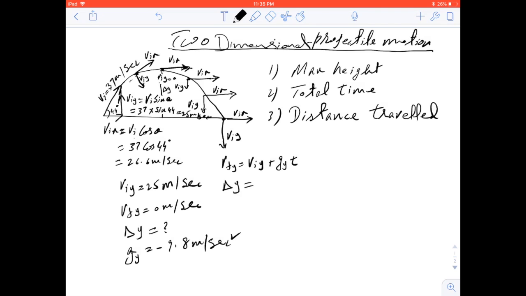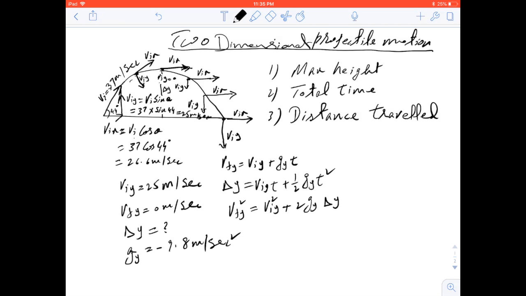B: delta y equals viy t plus 1/2 gy t squared. And C: vfy squared equals viy squared plus 2 gy delta y.